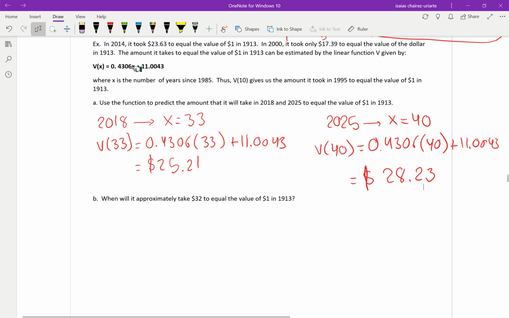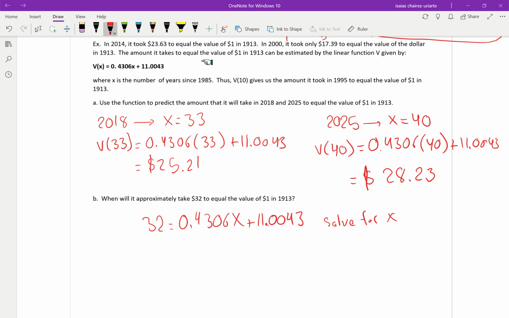Now find the x that corresponds to that. So we have to set it up like this. 32 equals 0.4306x plus 11.0043. And then we gotta solve for x.